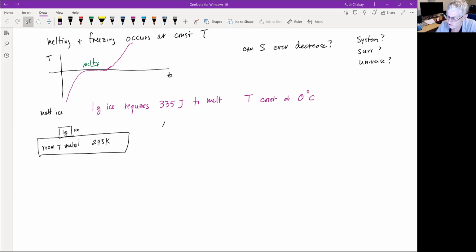So we can calculate the change in the entropy of the ice. We have to put in 335 joules, and the temperature of the ice/water remains at 273 Kelvin. And so that comes out to a plus 1.23 joules per Kelvin during this melting process.